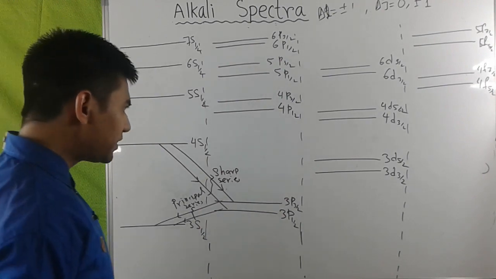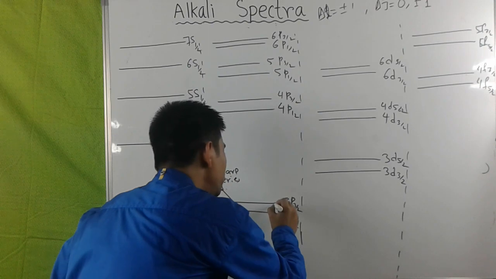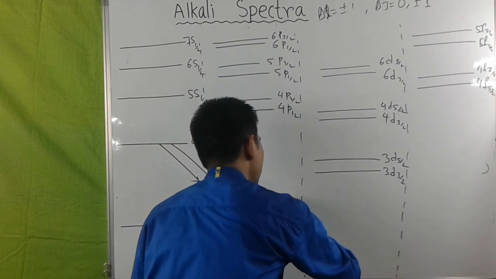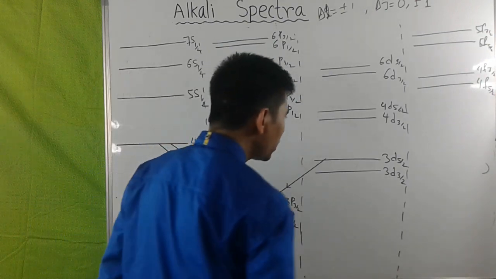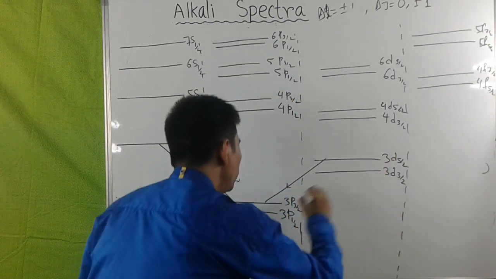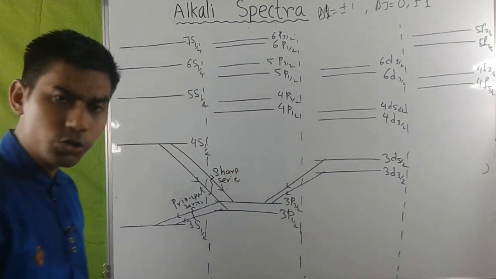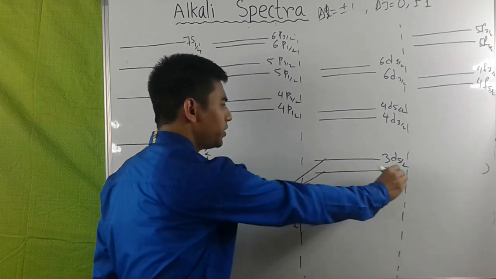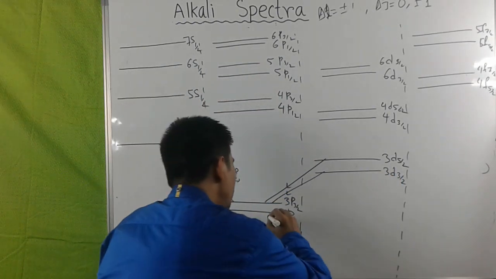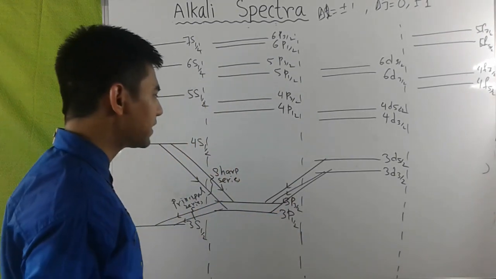Now the transition from the 3d 5/2 level to the 3p 3/2 level gives rise to a spectral line, and the transition from the 3d 3/2 level to the 3p 3/2 level also gives rise to a spectral line, and the transition from the 3d 3/2 level to the 3p 1/2 level also gives rise to a spectral line.